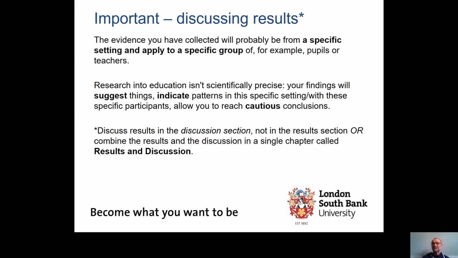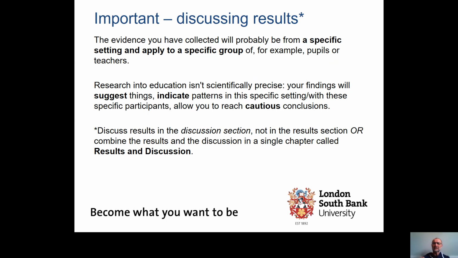Second point here, research into education is not scientifically precise. Your findings will suggest things. They will indicate patterns, but they will not allow you to make absolutely firm conclusions. You're not proving anything. Your conclusions from your research are going to be cautious. It seems that.